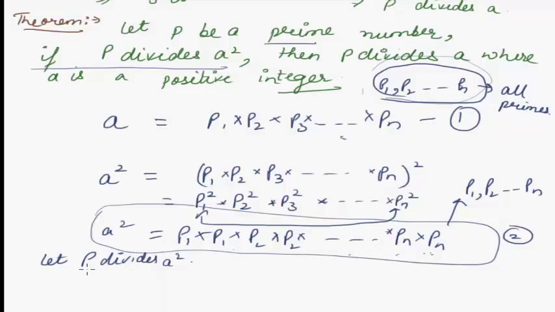So since we have assumed that P divides A square and P is a prime, it will mean that P is one among these values P1, P2 up to Pn.